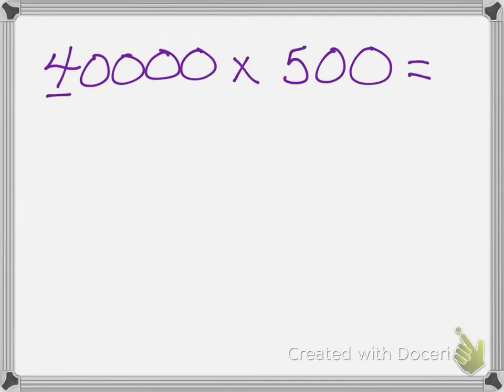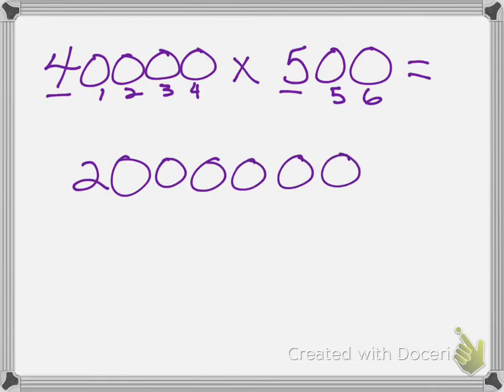All right, the first part you should have done was 4 times 5 is 20. So you had to remember that there's a 0 there. The second part you should have done was count up all your zeros, 1, 2, 3, 4, 5, 6, and add 6 more zeros. So that's 6 zeros plus the 1 from before.